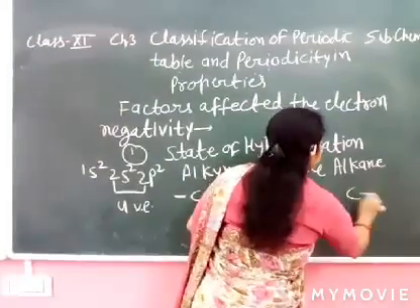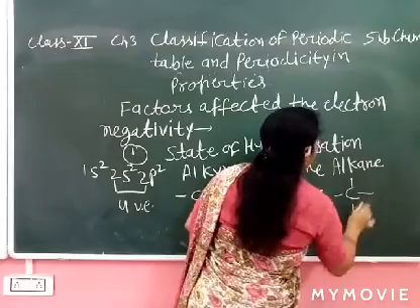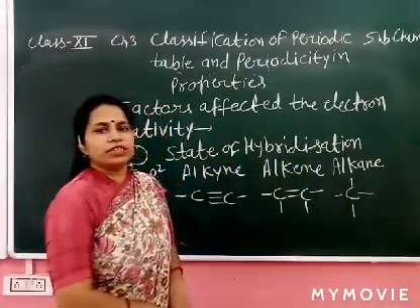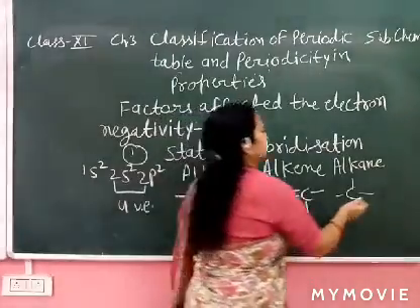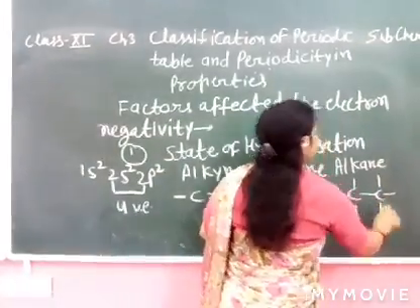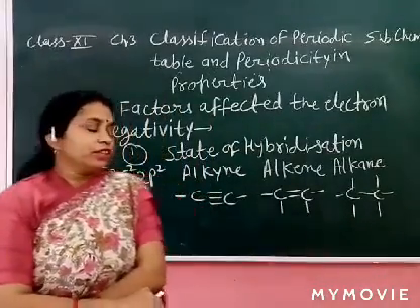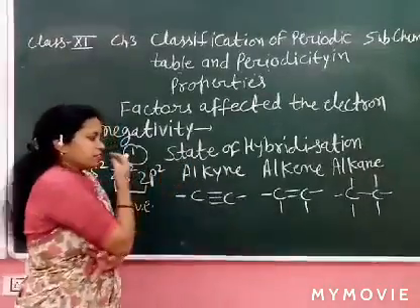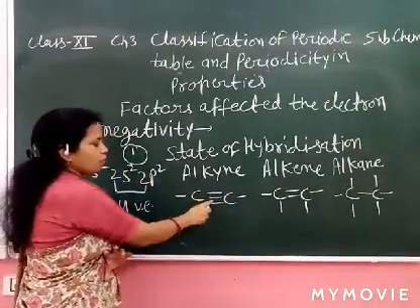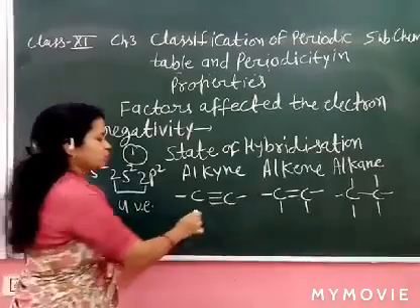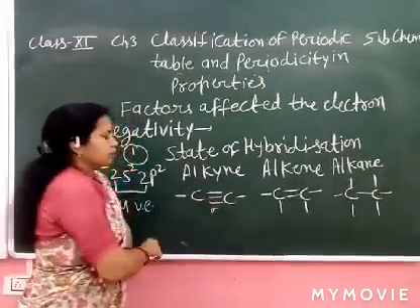Now alkane has only single bonds, saturated. Methane is also an alkane, and so are ethane, propane, butane. So what is the hybridization? Let's see how many bonds are present. One sigma.